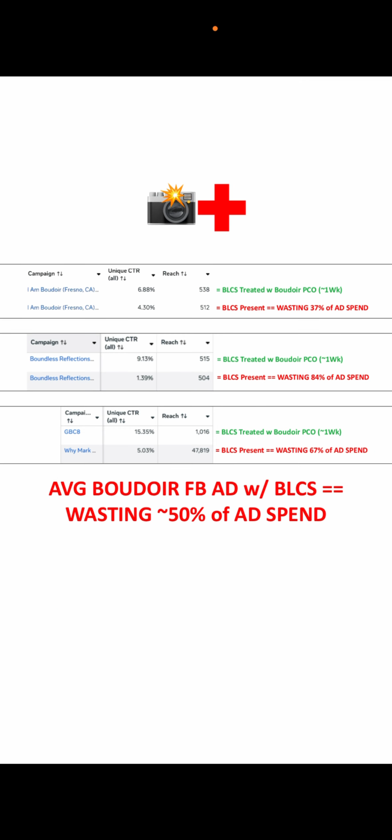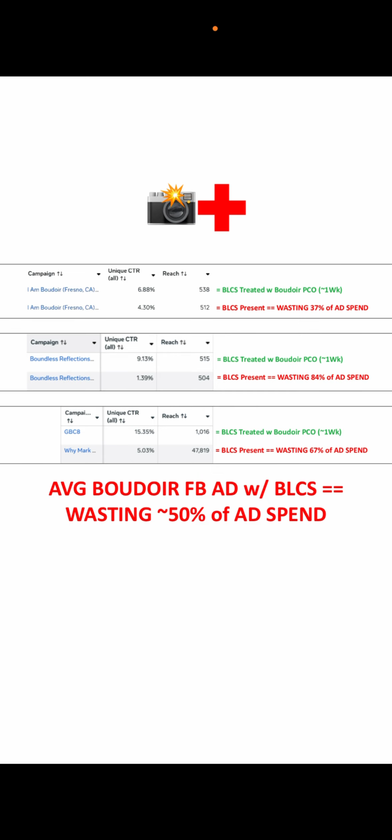So we found out with the original ad, the one with BLCS present, it was wasting 37% of the ad spend every single day, every single month. So if they were spending more than 10 grand a month, literally 3,700 bucks is being wasted. And now what we can do is we can pocket that waste, eliminate it. And so what's that? That's literally 3,700 bucks extra in the pocket every single month.